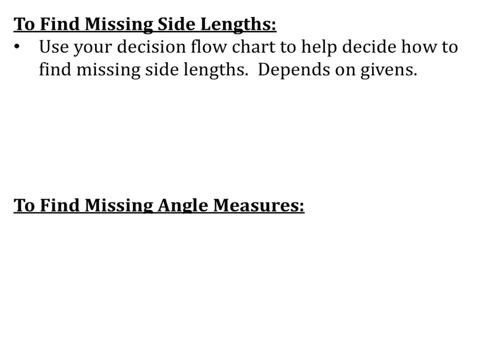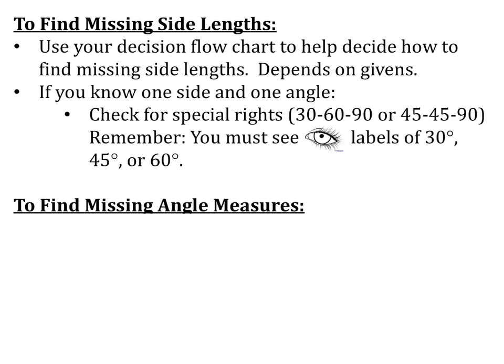So always make a list of what you're given and then start following the decision chart, answering questions with yes and no. When you get to the decision about whether you're given one side and one angle, always check for special rights. And remember, you must see the labels of either the 30 degrees, the 45 degrees, or the 60 degrees to actually use your special right ratios. And then, of course, we now have our new trig functions.